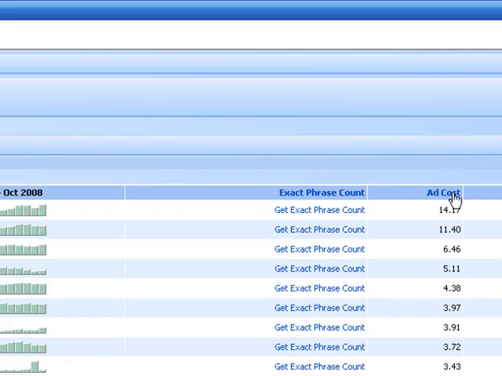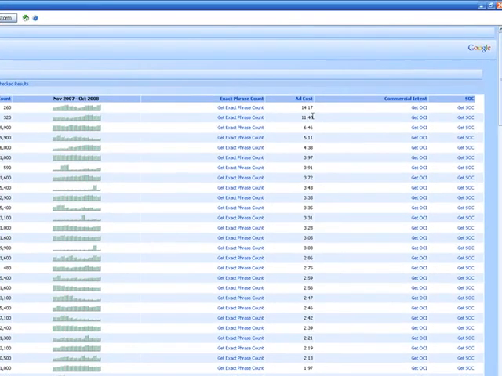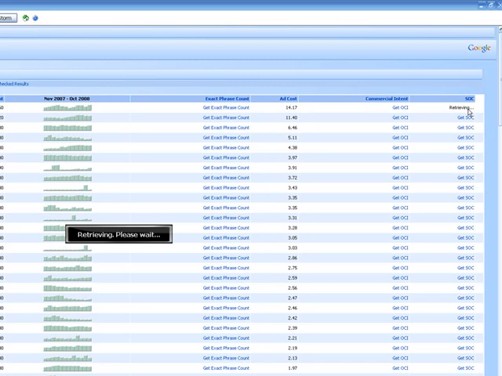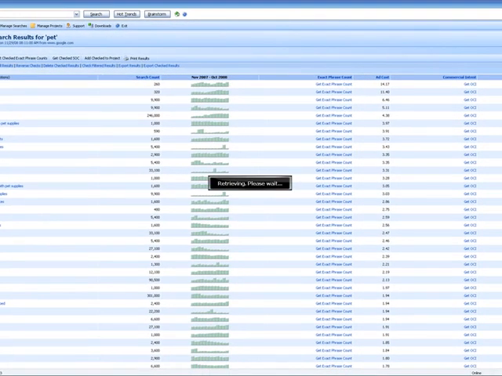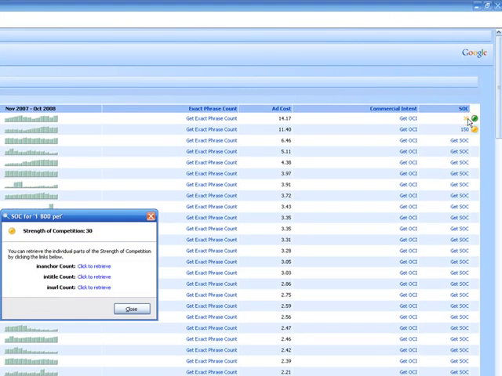So having this ad cost in here is a valuable asset to finding out if you should be optimizing those keywords, as well as the low competition. And of course, the low competition, I can guarantee now with these small figures here, this is going to be a green light for go. SOC, strength of competition, 30. By the way, if you click on the term itself, it comes up with strength of competition 30.